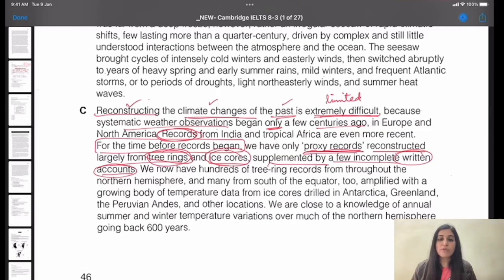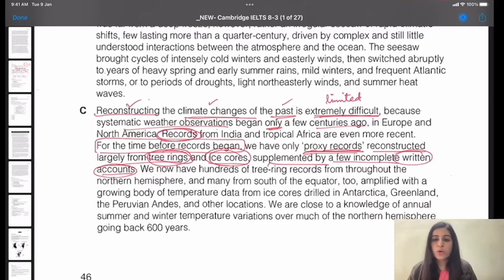We now have hundreds of tree ring records, both are correct. One is British pronunciation, the other is American pronunciation. So don't worry if I'm mixing and matching, I'm doing it deliberately because records and records are the same. Throughout the northern hemisphere and many from south of the equator too, amplified with a growing body of temperature records from ice cores drilled in the Peruvian Andes and other locations.